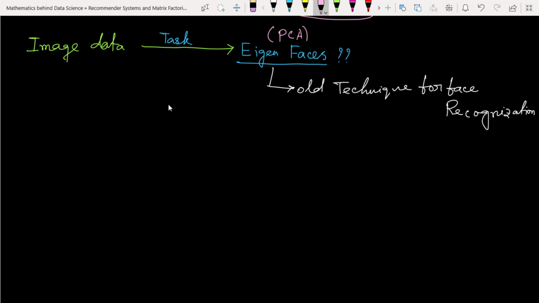Now suppose we have collected some images. We have collected 400 image data.